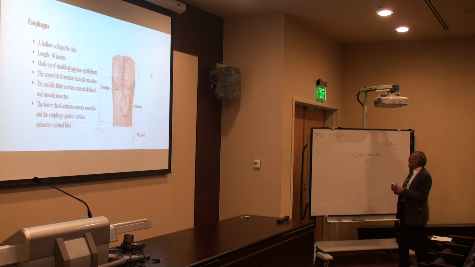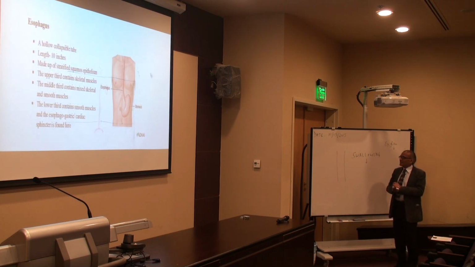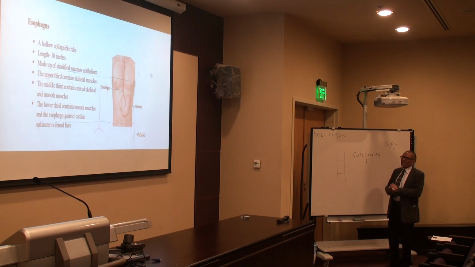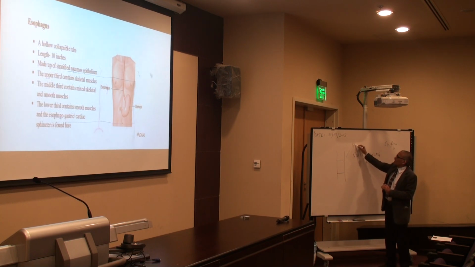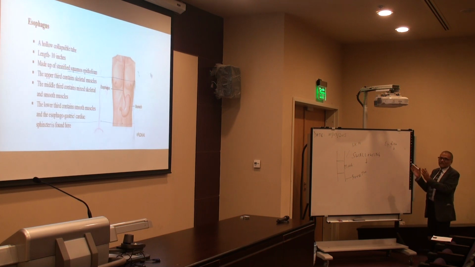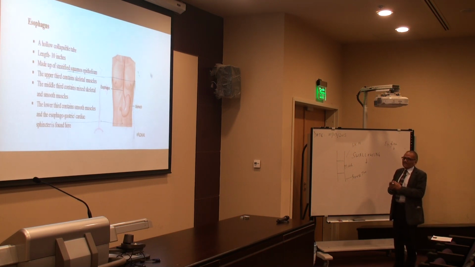Now this esophagus is a very unique tube. If we see its structure, three portions are to be recognized. In the first portion we have purely skeletal muscles, while in the last we have smooth muscles. The in-between region is a mixed group of smooth and skeletal muscles. This arrangement of muscles has an important functional impact.